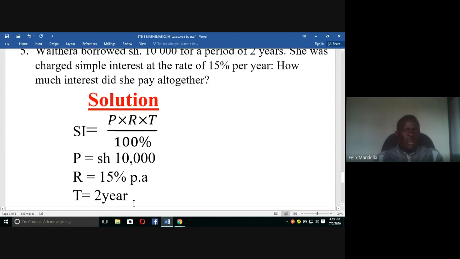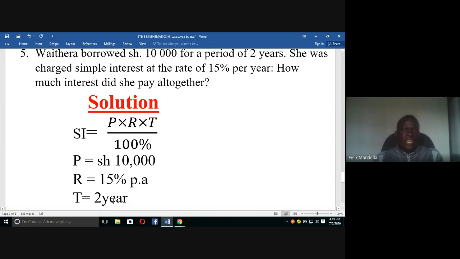And look at how I have been working out these questions. I am very keen at the end of the question, and I'm very keen at the rate and time. As you do this work, make sure you are very keen at the question part, whether they're asking the whole amount or the interest alone, and also be very careful with the time given depending on the rates.